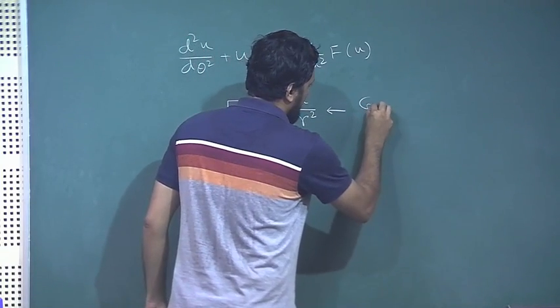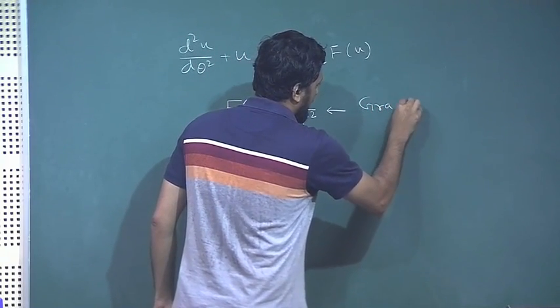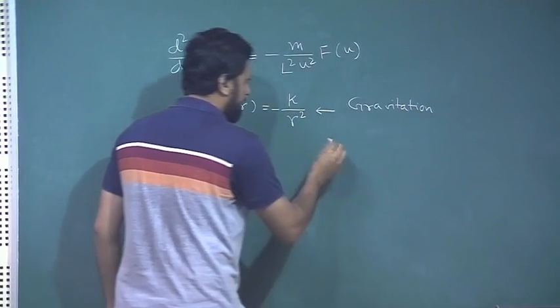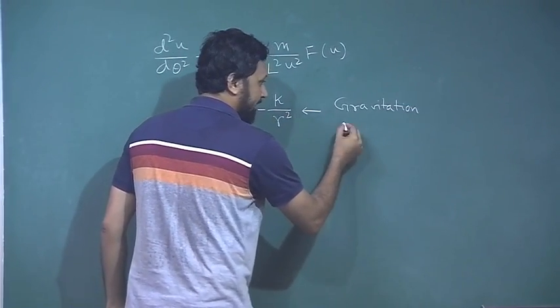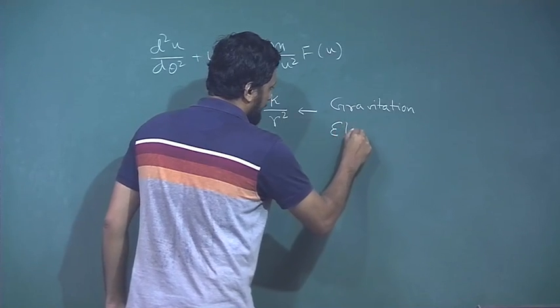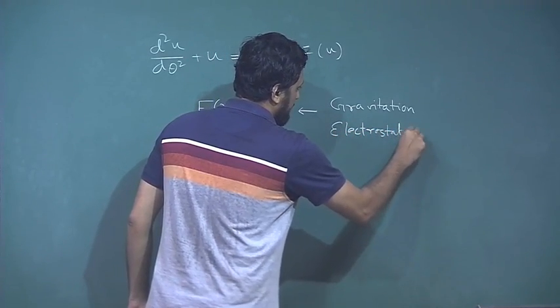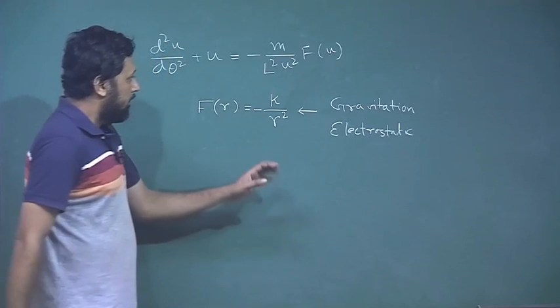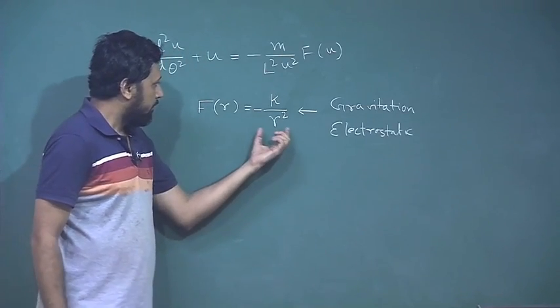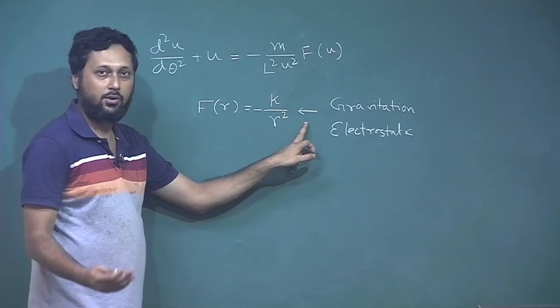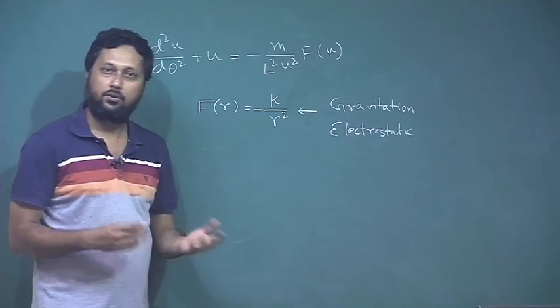We have it in gravitation, and we have similar forces in Coulomb attraction, that is electrostatic. Gravitation is something that governs our solar system, or actually that governs the universe.